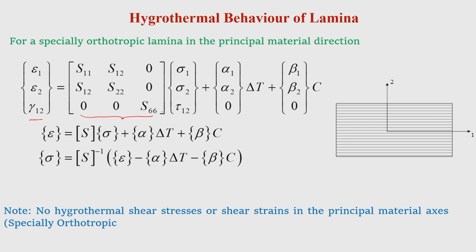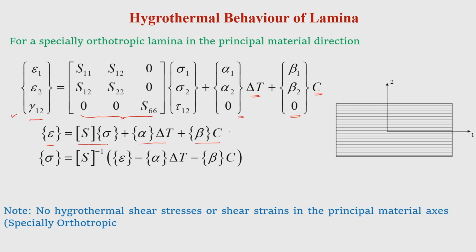The strain is stress into compliance matrix plus, because of delta T, this is the additional thermal strain, and because of C, this is the additional hygroscopic strain. Therefore, the total strain is given by this. So, you can write this in short, that epsilon is equal to S into sigma, this is in the material axis, plus alpha into delta T, plus beta into C.